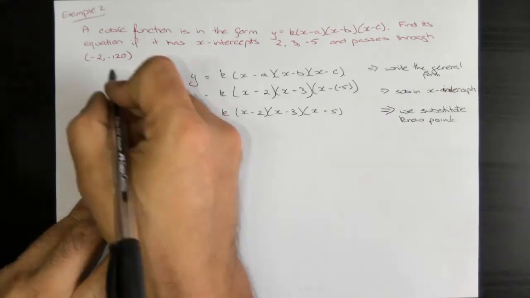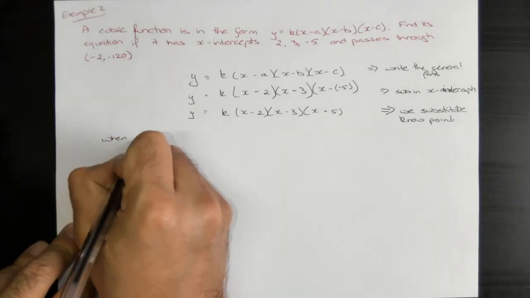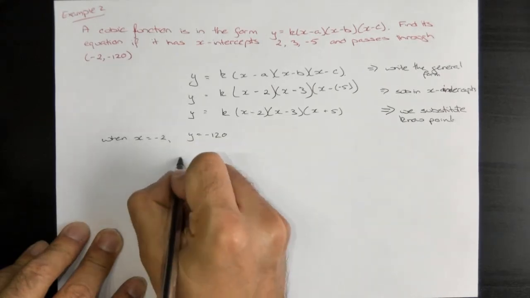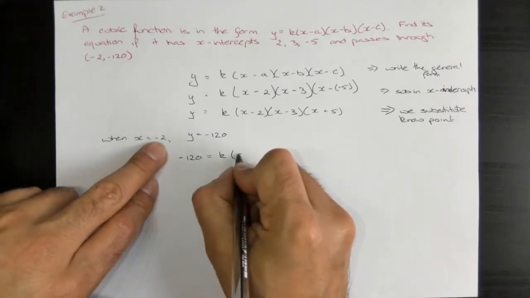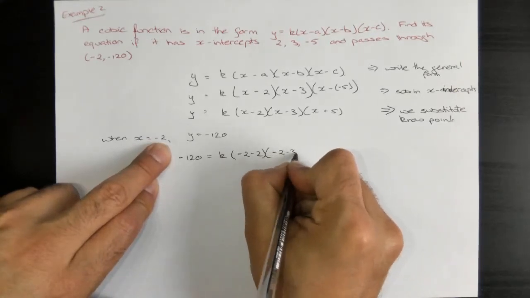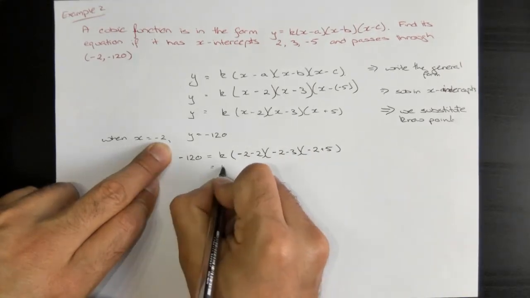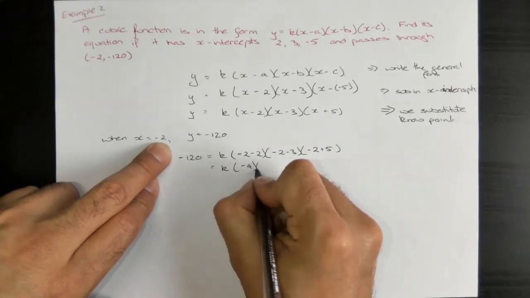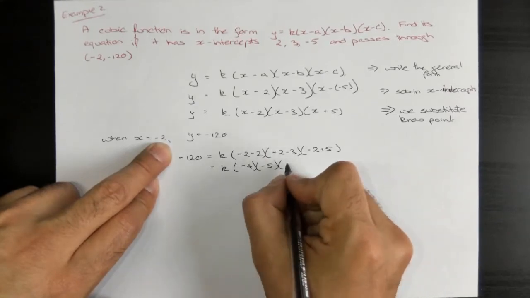Now once we've got that form, we then substitute our known point. So we know that when x equals negative 2, y would equal negative 120. So we've got negative 120 equals k times (negative 2 minus 2), (negative 2 minus 3), and (negative 2 plus 5). So negative 2 minus 2 is negative 4, negative 2 minus 3 is negative 5, and negative 2 plus 5 is 3.